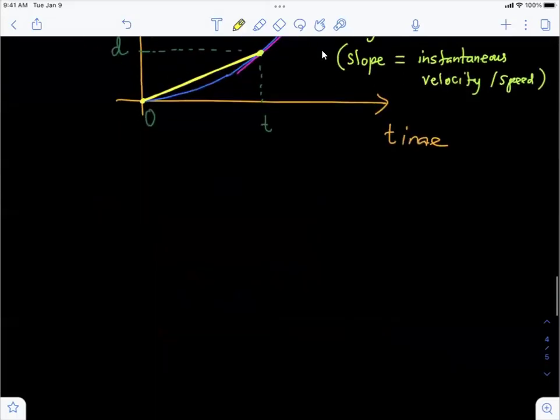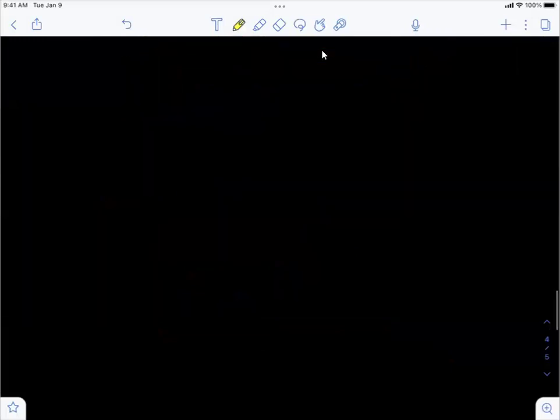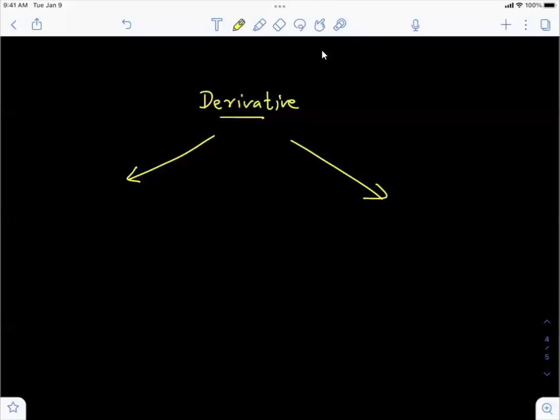Now, as a summary, this is what I can say. The derivative has millions of applications, and all of these applications are motivated by two different directions. One direction is the slope, which is the geometric idea, and the other one is the rate of change or rate of increase.